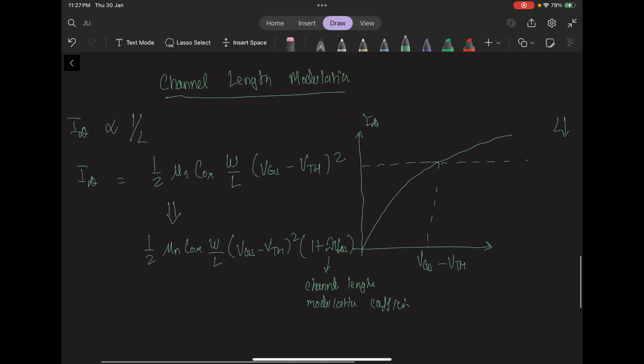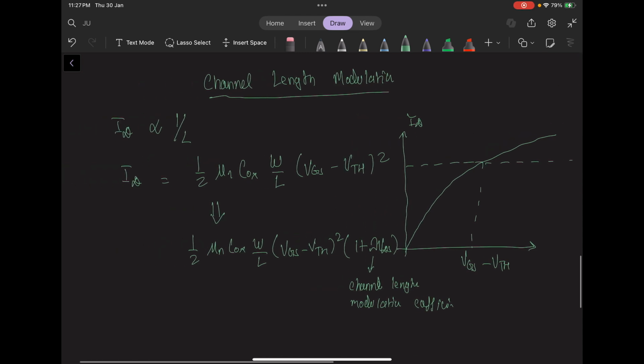So the formula for ID for an ideal MOSFET is half mu n, the mobility of electrons, COX, W by L, so channel width by channel length, times VGS minus VTH, whole squared.